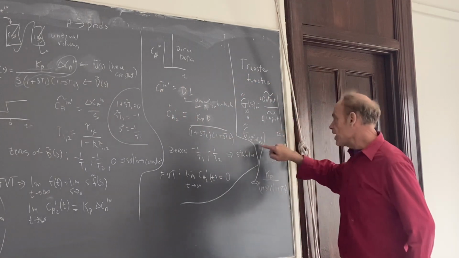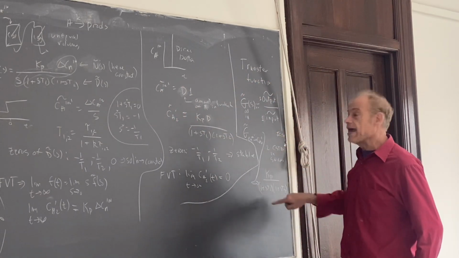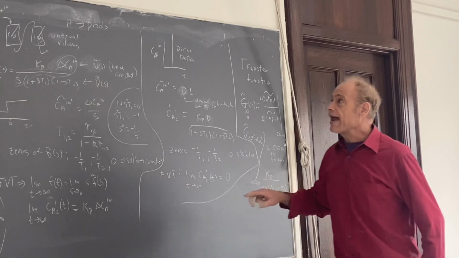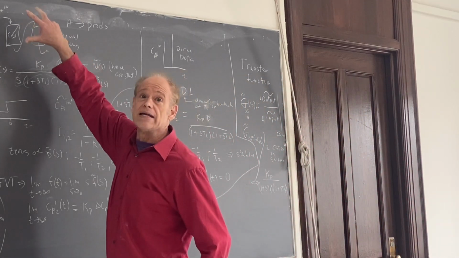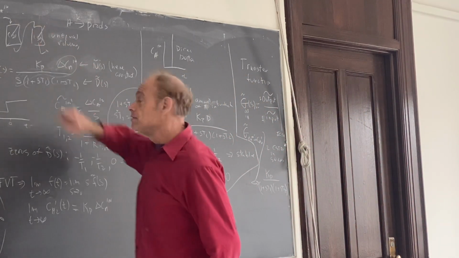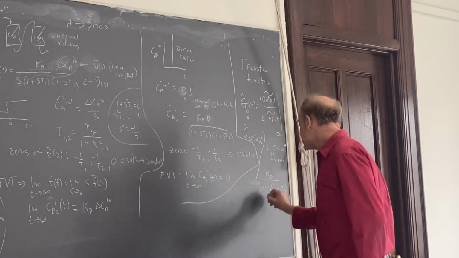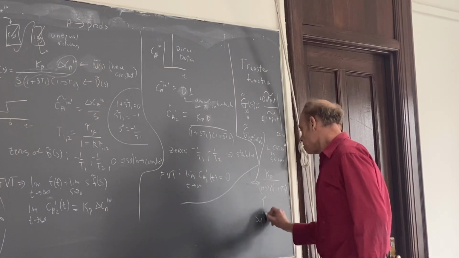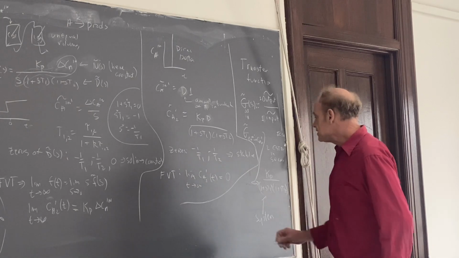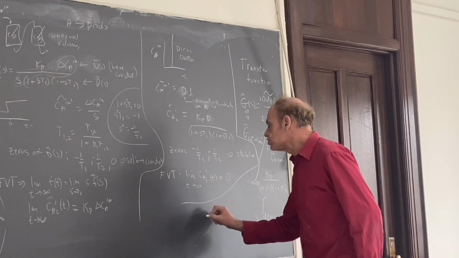G tilde doesn't change. G tilde is the same because G tilde characterizes the system, not the disturbance. So this characterizes the system. Typically, it's the inputs that are the disturbance.